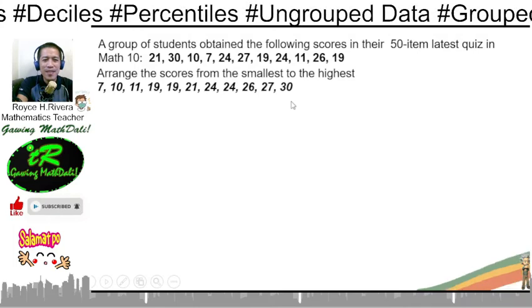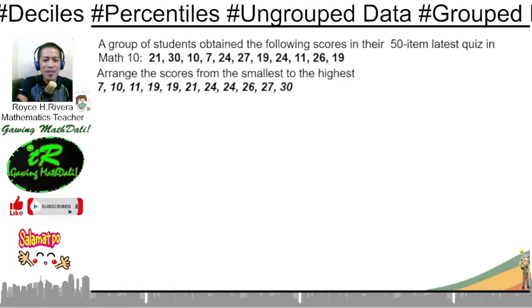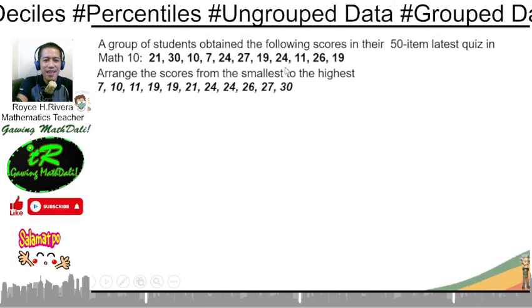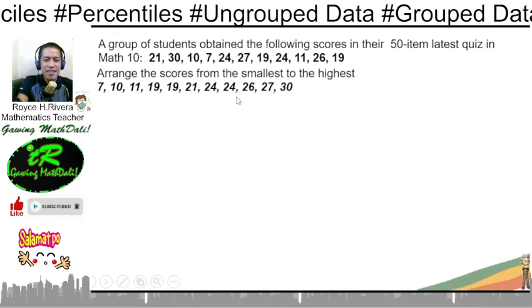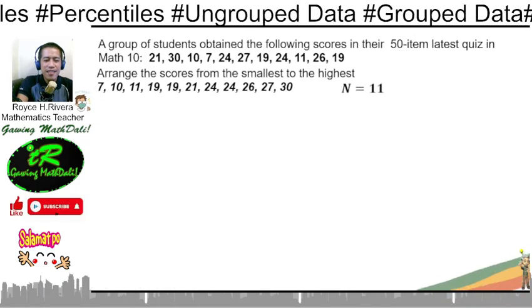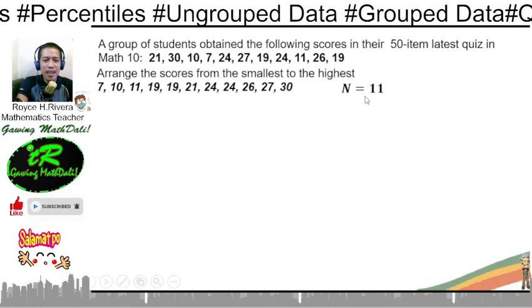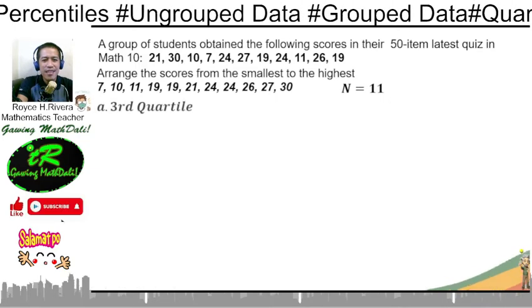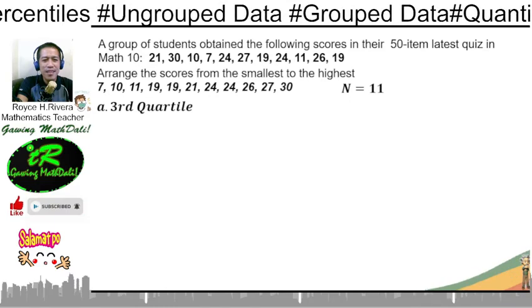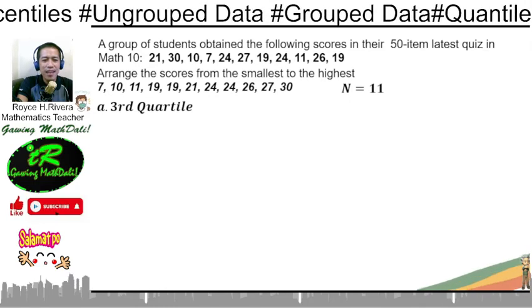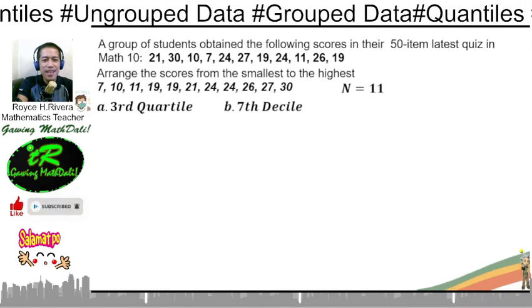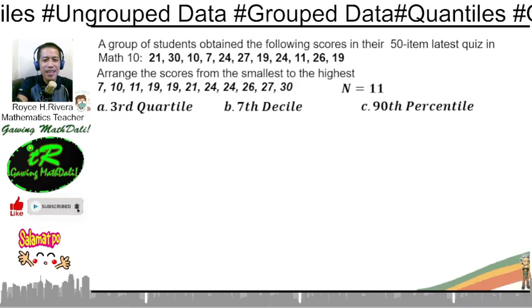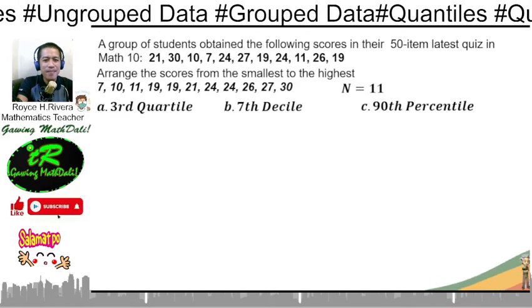Pagkatapos nyong gawin yon, you need to count all the data. So in total, we have 11 data. Let us try to compute for the third quartile, 7th decile, and 90th percentile.